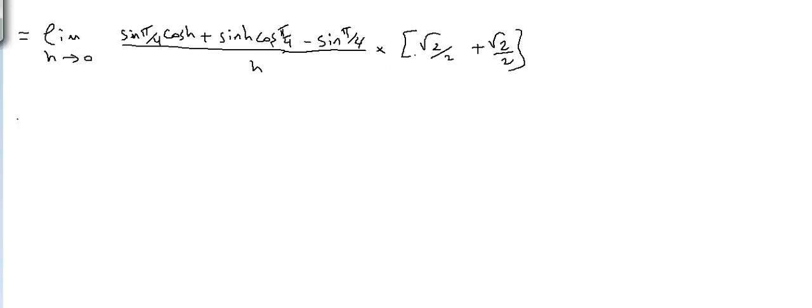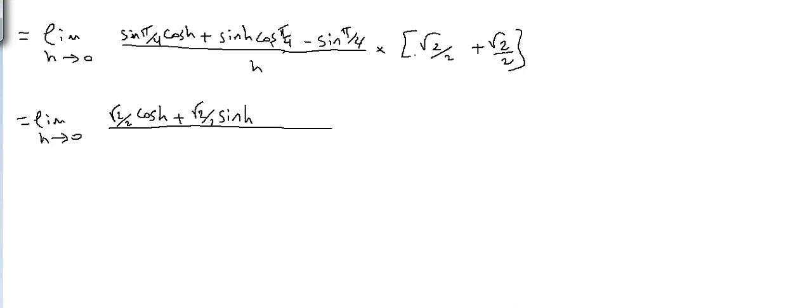So it's equal to limit as h tends to 0 of sine pi over 4, radical 2 over 2, cosine h, plus cosine pi over 4, radical 2 over 2, multiplied with sine h, minus sine pi over 4, also radical 2 over 2, over h, times radical 2 over 2 plus radical 2 over 2.